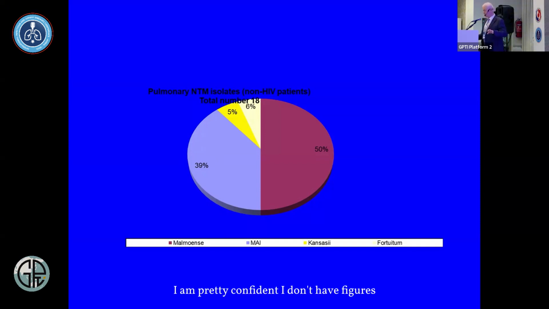I am pretty confident, I don't have figures, but I'm pretty confident that every single respiratory physician would see double or triple this number, particularly those who work in the infectious subspecialty of pulmonary disease. Okay, so you can see the malmoense was number 1 in Scotland, which used to be, but I think MAC is the one. MAC means Mycobacterium avium complex. They used to call it avium intracellulare. And you can see that in this slide, there was about 5 or 6% of fortuitum and Kansasii.